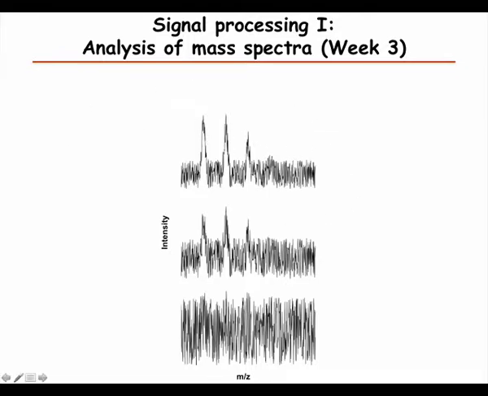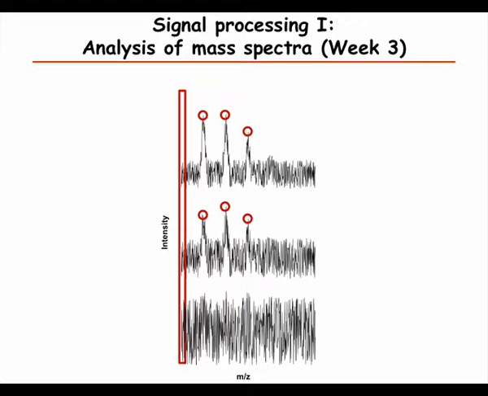Here's a peptide isotope distribution, and here we have a reasonably high signal to noise ratio, and then that decreases more and more, and here we can't really see the peaks. The idea is that we want to scan through this peptide and find where the peaks are. And we're going to go into quite some detail on how to do this well.